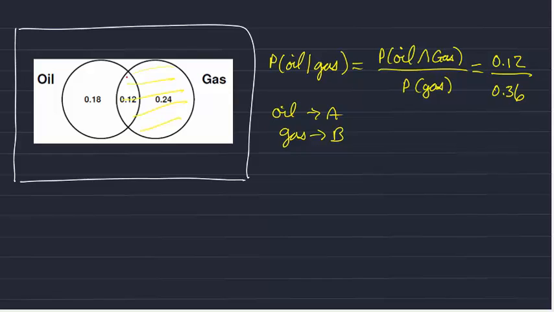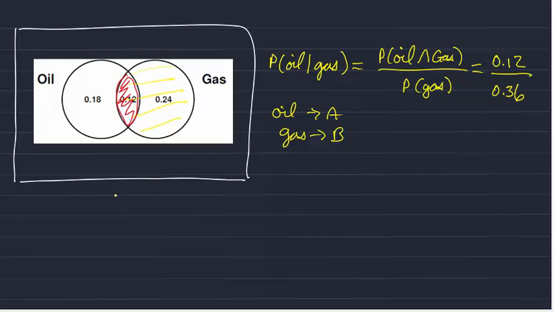You can perhaps now intuitively see that it's the area of the overlap divided by the area of the gas circle. So that's an illustration of conditional probability, and we'll continue on with that.